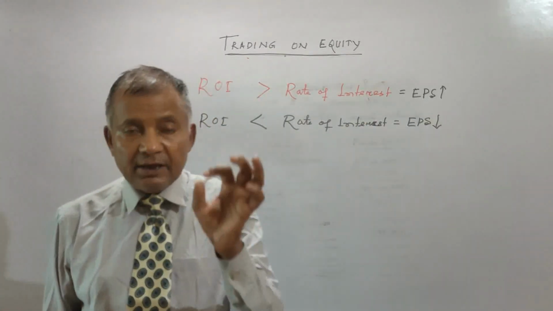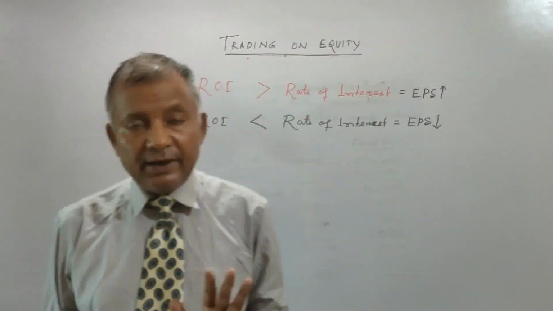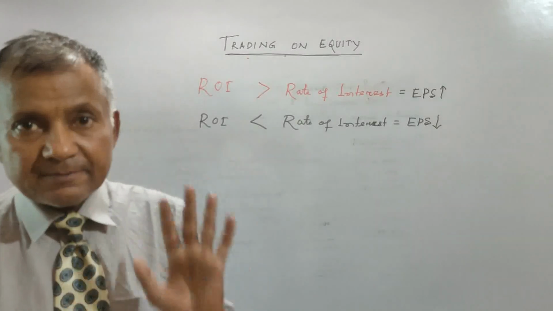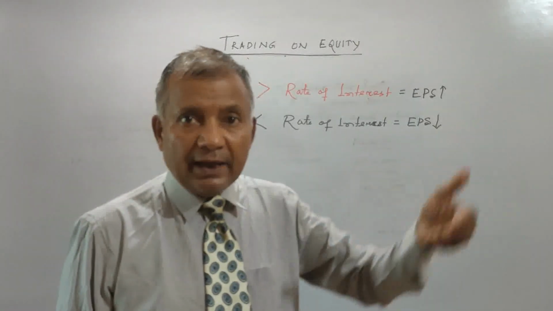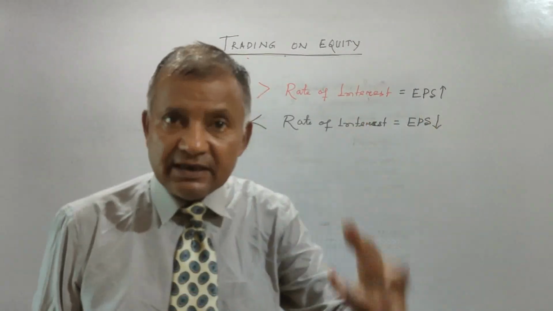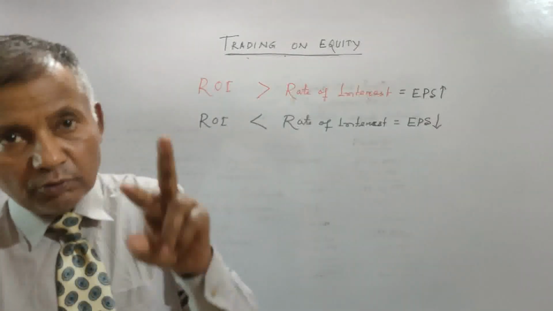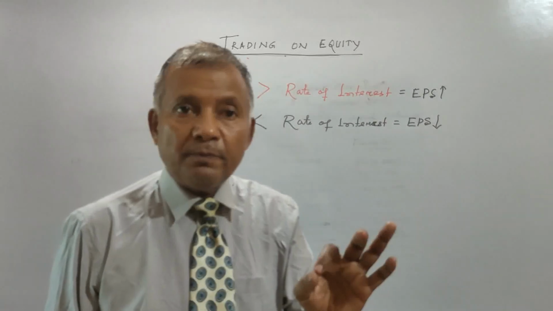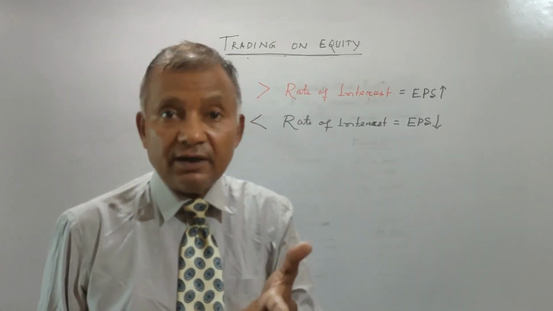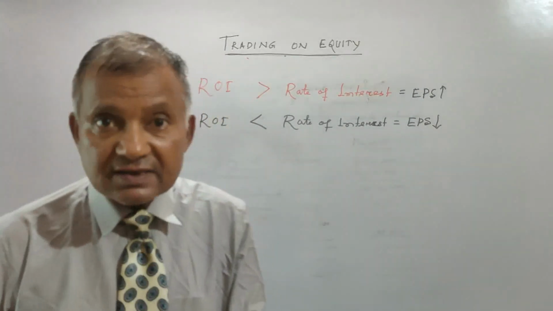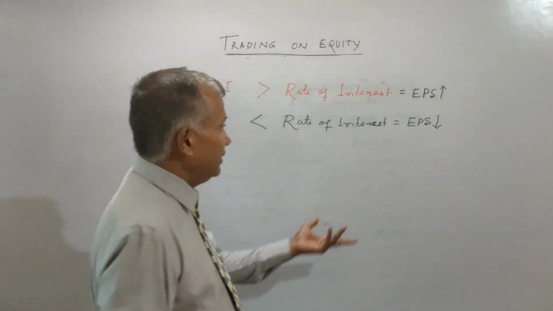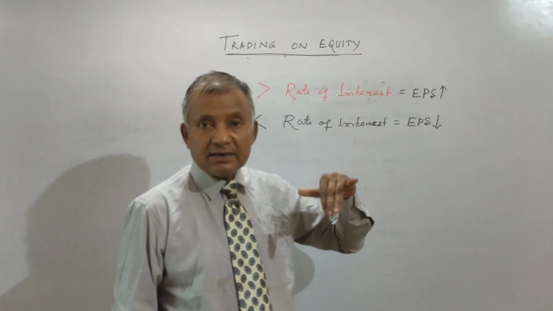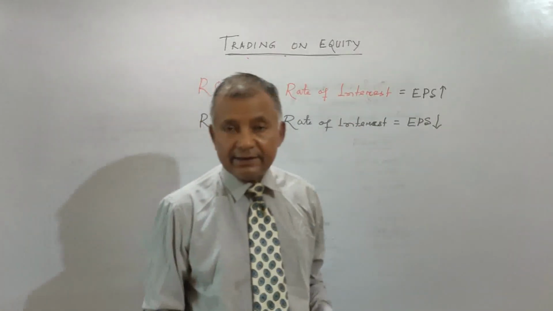That means if I invest 100 rupees, I will get 6 rupees from the business, but I have to pay 10 rupees as interest. So on every 100 rupees, I have to suffer a loss of 4 rupees, and that will be the loss of EPS. Earnings per share will decrease.